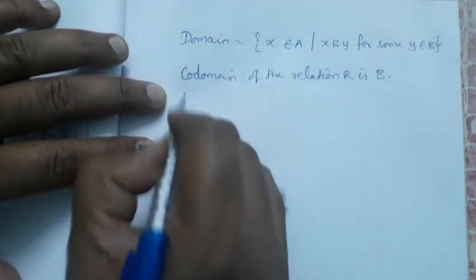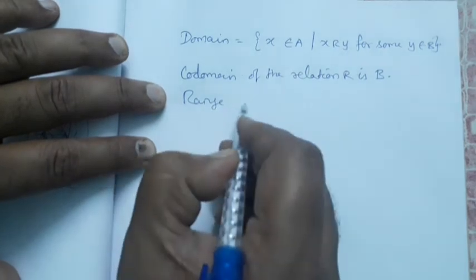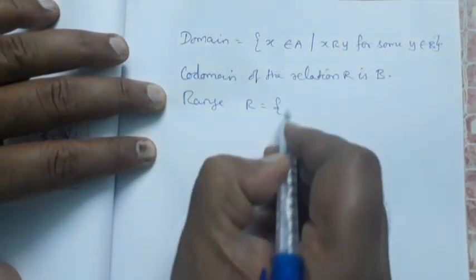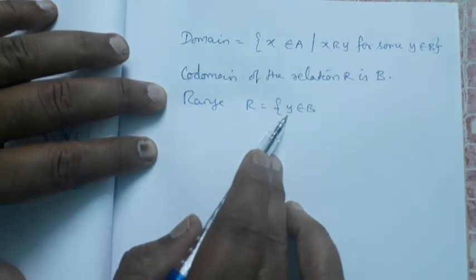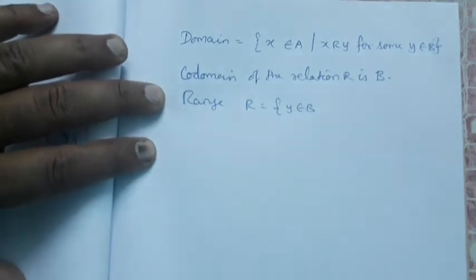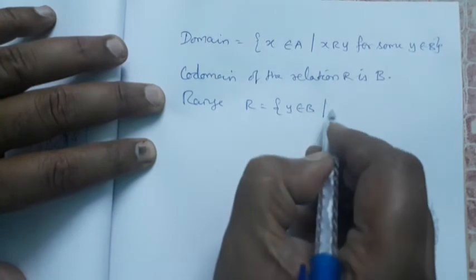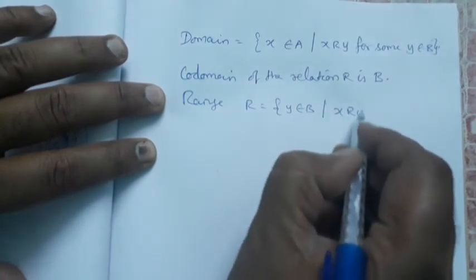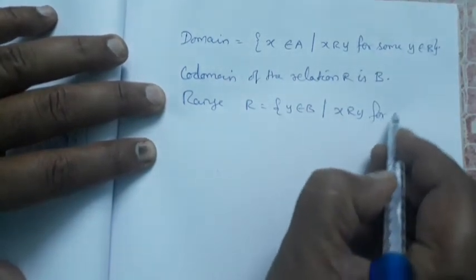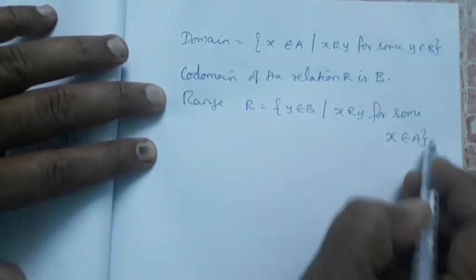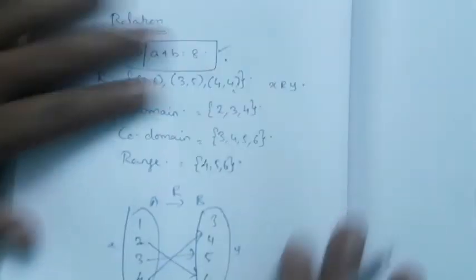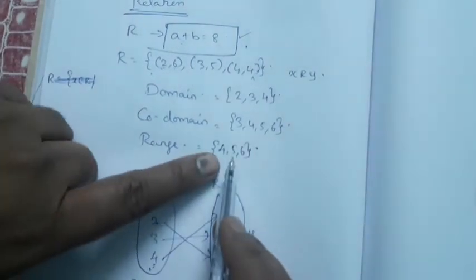And the third one is range. So what is a range? Range of the relation R equals y belongs to B. So you are going to take y. This element y belongs to B, such that x is related to y for some x belongs to A. Now I am going to take only the range.